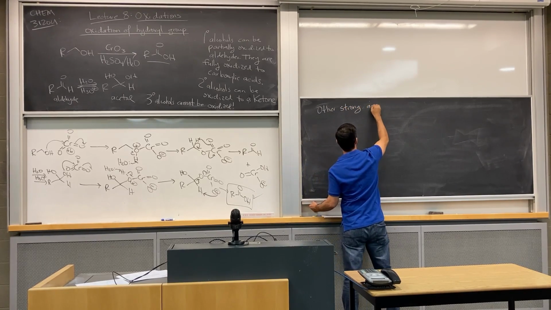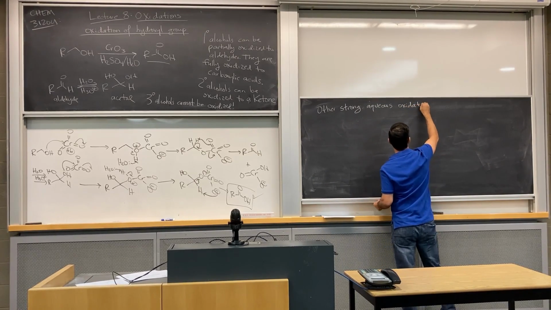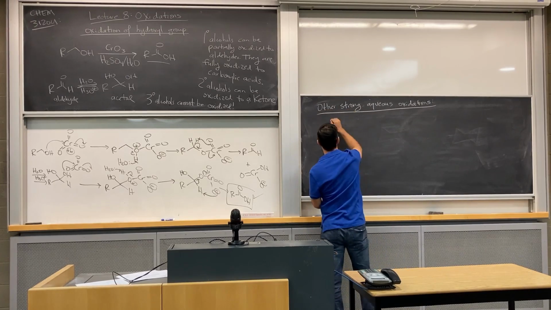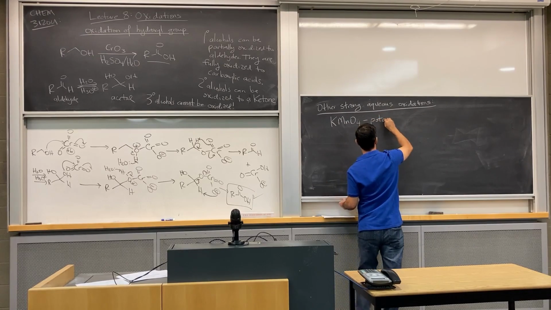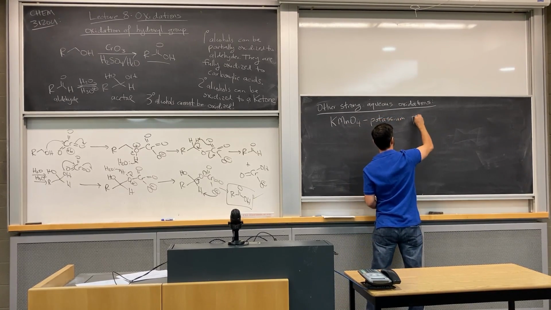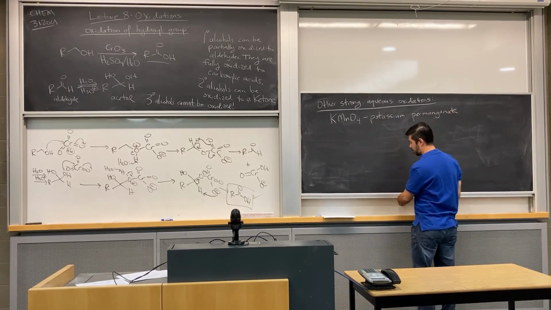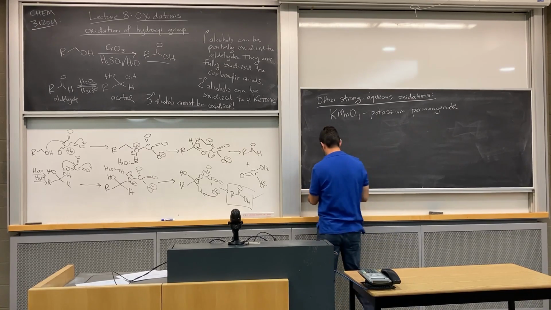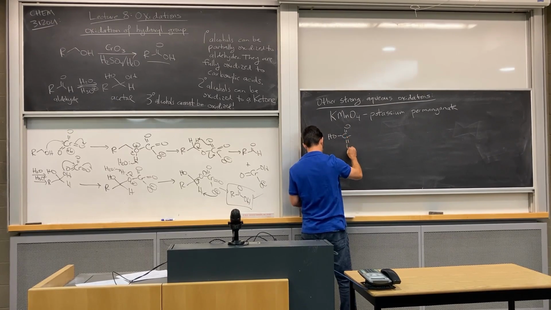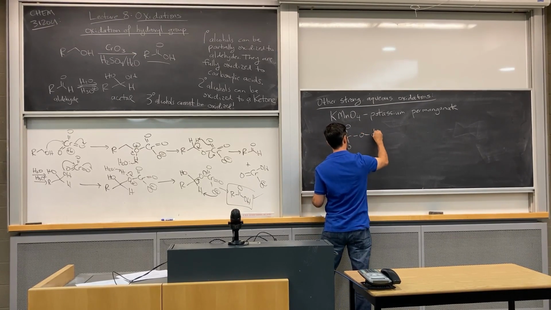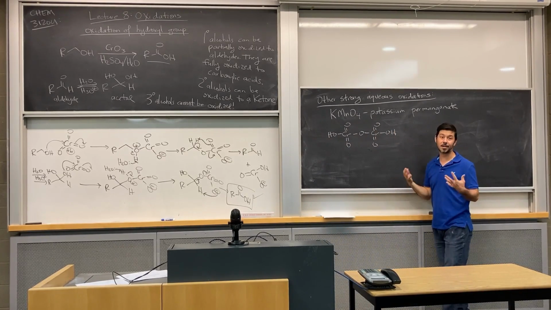So other strong aqueous oxidants include potassium permanganate and something similar to chromium trioxide, is this compound here, which is like a dichromate.